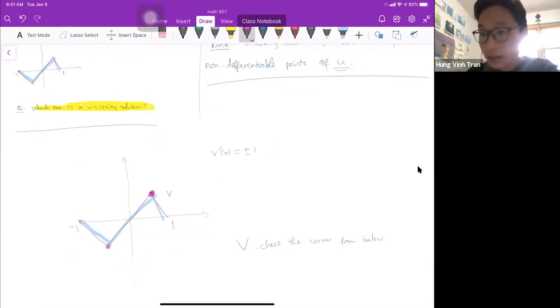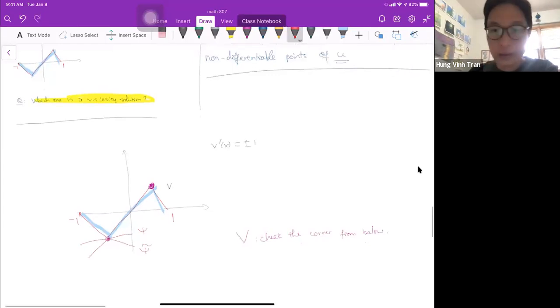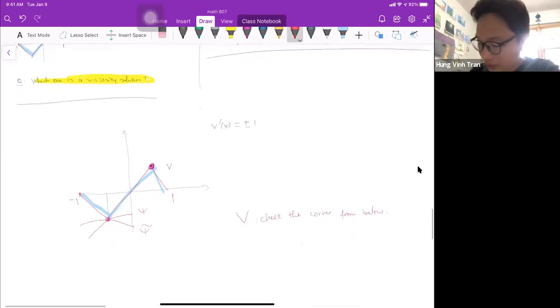The corner from below here, you can essentially touch it from below by any kind of smooth function like this, right? So let's say this point is z. You can touch it with any smooth function c.